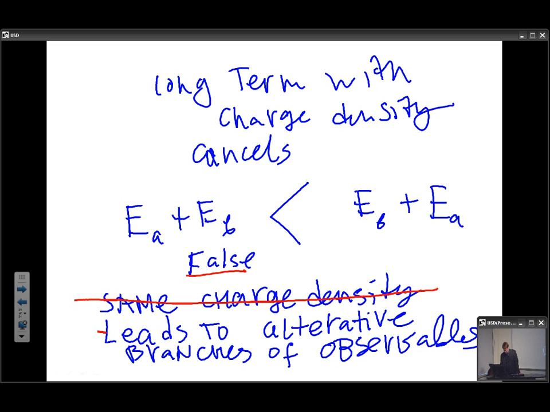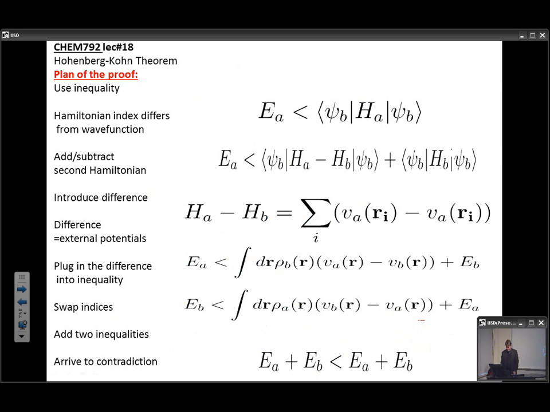If this is false, then this is also false. This is not correct. And if the charge density doesn't fit alternative branches, then it means one and only one stream of observables. And it is what they originally wanted to prove.